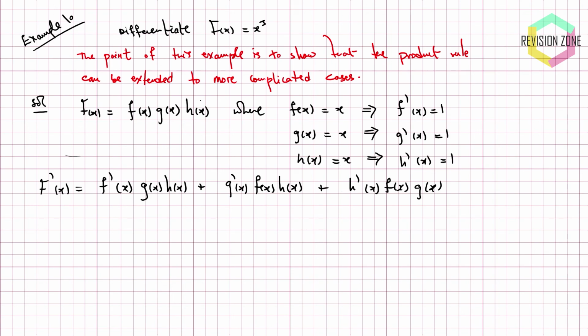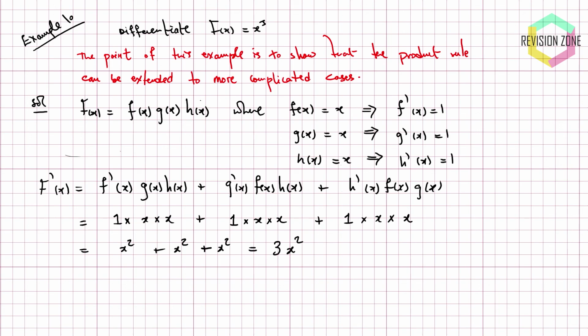So once I have that, I know my f prime is just 1, my g is x, and my h is x, and my g prime is 1, and my f is x, and my h is x, and my h prime is 1, and my f is x, and my g is x. So once I have that, I can combine these to say x squared plus x squared plus x squared, and that basically gives me, when I simplify, 3x squared.